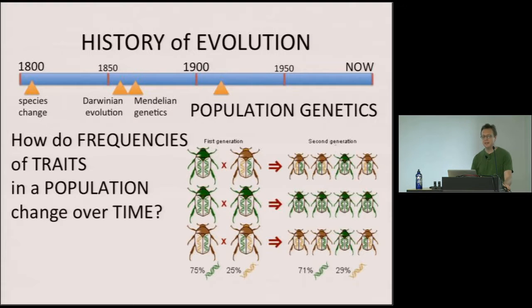So population genetics is specifically the study of how frequencies of traits in a population change over time. So taking sort of Mendel's ideas of this discrete inheritance of traits and then looking at it over a whole population of organisms. So a bunch of organisms living together, mating freely in a utopia.